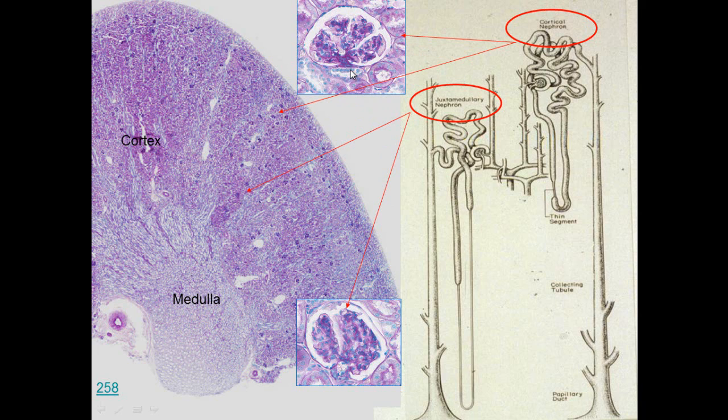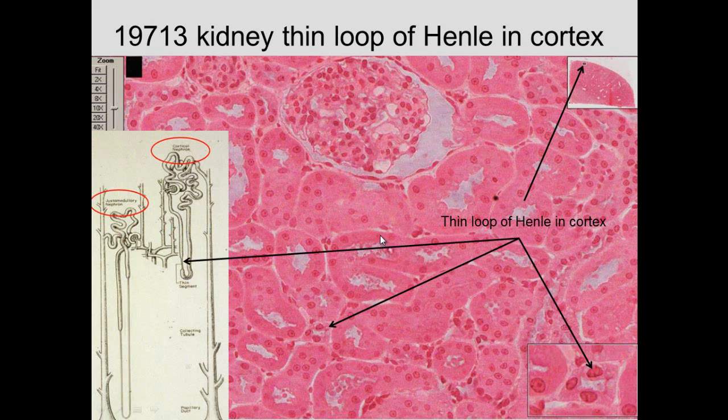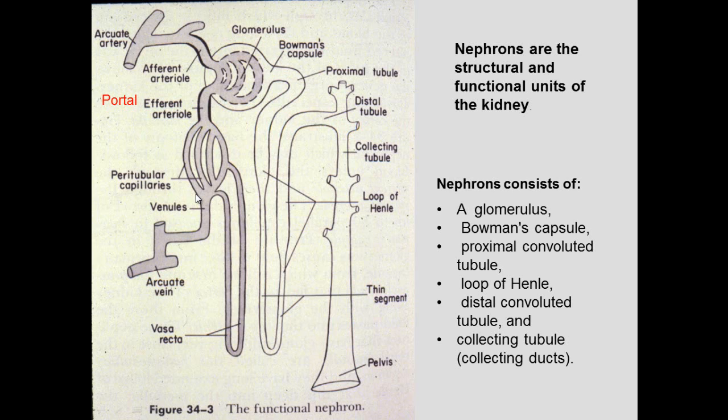Later on, we will show a little difference because these are the ones that produce the renin that are next to the medulla with the long loop of Henle. But here we can see the thin portion of the loop of Henle in the cortex. See where we are up there, way up here in the cortex with a thin portion of the loop of Henle, as we said was on the cortical nephrons.